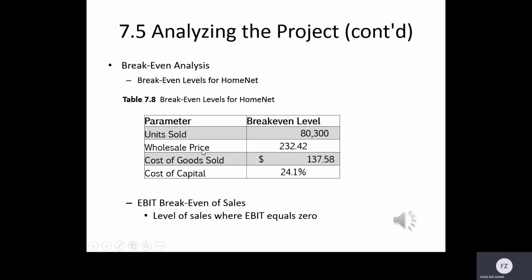Or we can break even if we change the sale price to $232.42, or the cost of goods sold per unit to 137.58, or even the cost of capital, which to break even is 24.1%. Let's have a look at the next slide. How do we go about it?